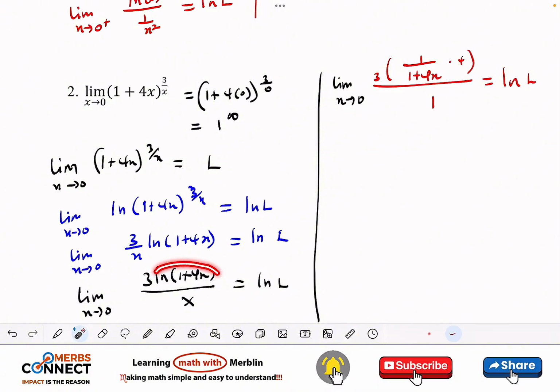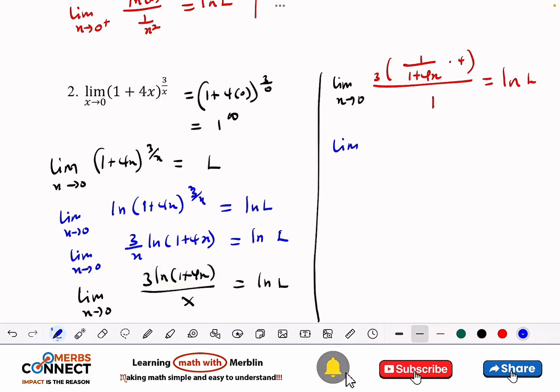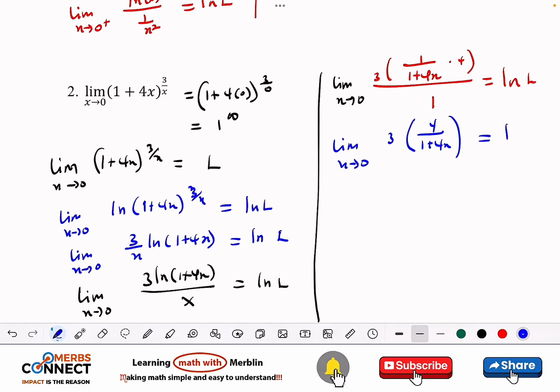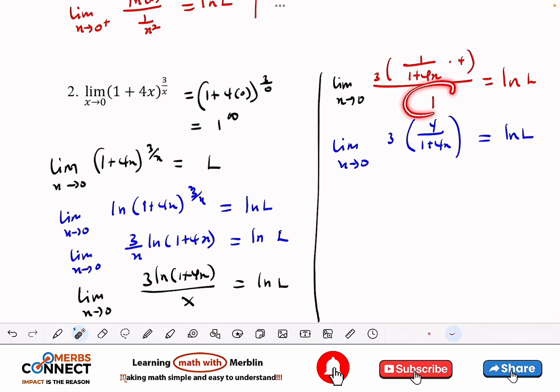So I just differentiated this. Then limit x approaching 0, 3 times 4 divided by 1 plus 4x is equal to ln L, because this is divided by 1, so it just goes away.